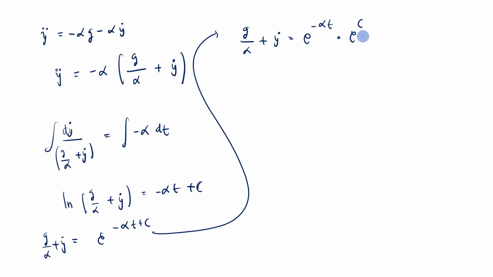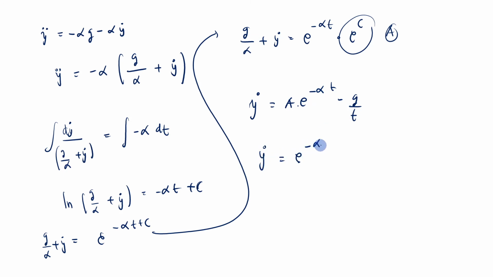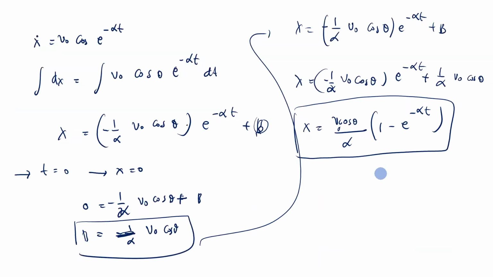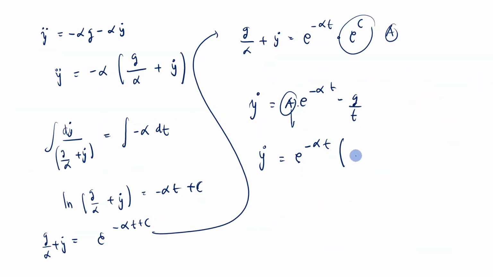Okay, we can write it as a constant value A, so we get y dot is equal to A times e to the minus alpha t minus g divided by alpha. With the substitution of A by the same approach as the initial condition, we can get V0 sin theta plus g over alpha.